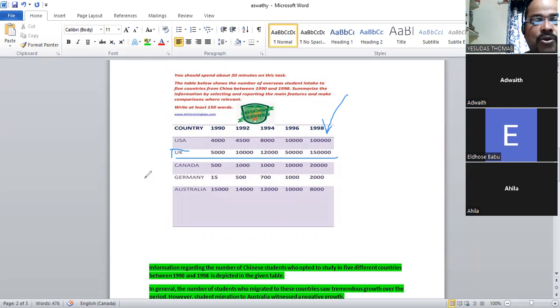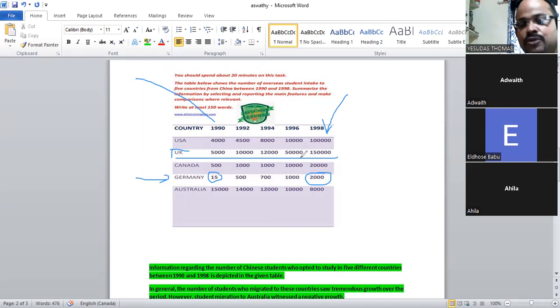But the highest growth in the rate was just from 15 to 2000. That is in case of Germany. Germany had only 15 students in 1990, and in 1998 it became 2000. So this is the rate of growth. There's a tremendous growth in the number in case of Germany.